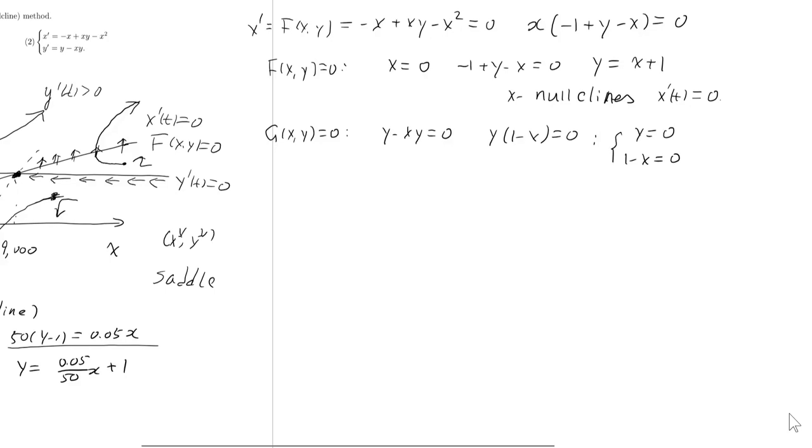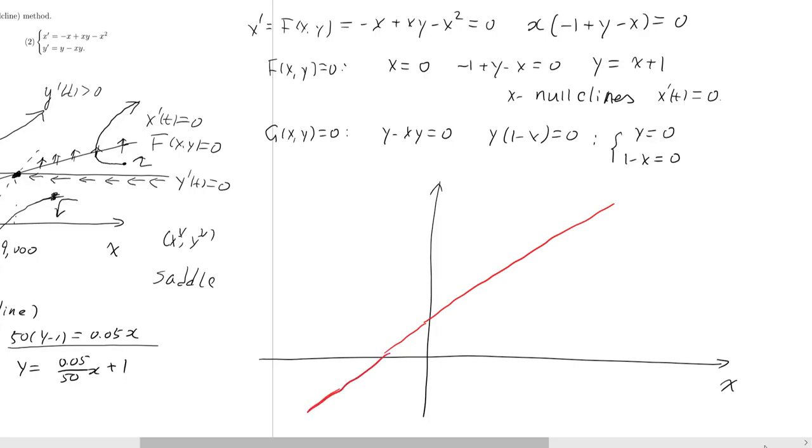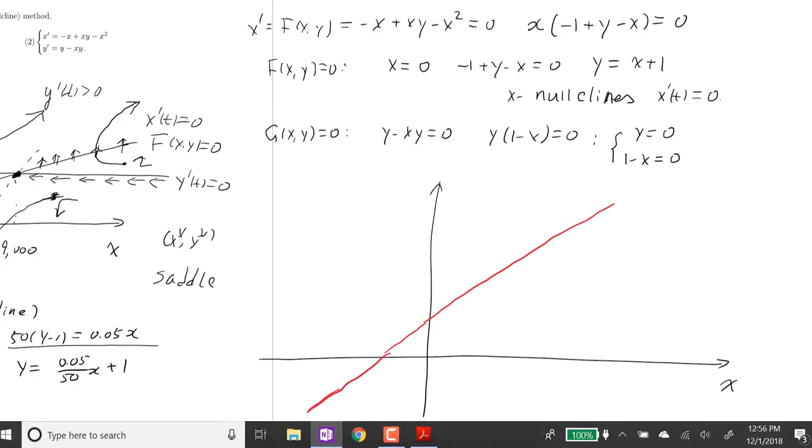Now let's draw these lines in the xy plane. So this is what we're going to have. This is y, and this is x. Let's use a different color for different nullclines. For the x nullclines, we're going to use red. So this is y is equal to x plus 1.